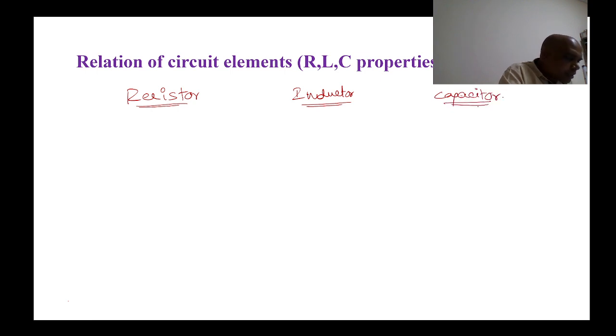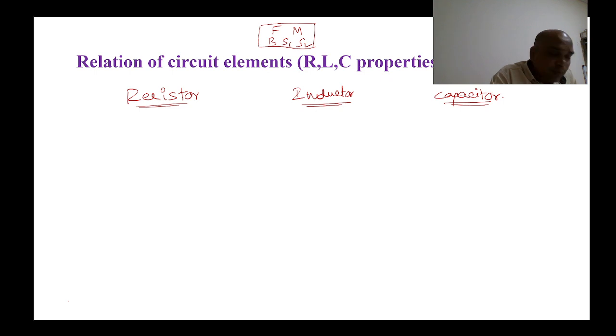Before going to discuss resistor, inductor, and capacitor, first, does anyone have a 5 member family? A 5 member family is nothing but father, mother, brother, sister 1, sister 2.